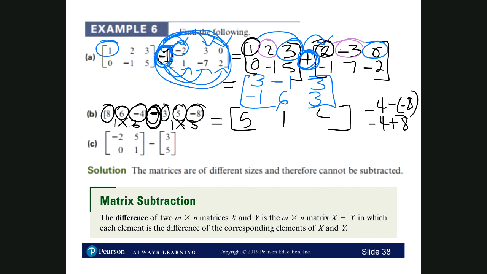Now, the next one, the subtraction here, actually, we shouldn't say equal. We just say it is undefined.